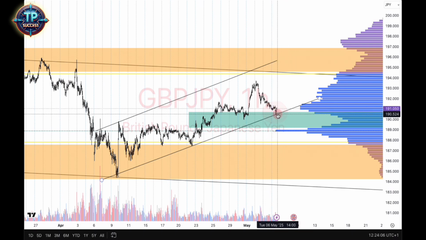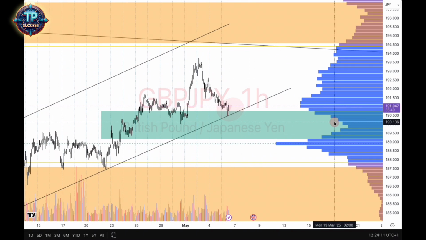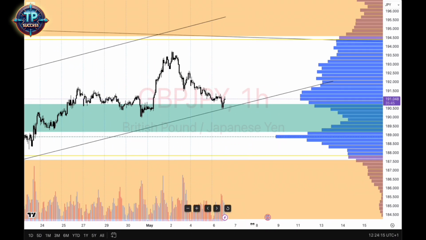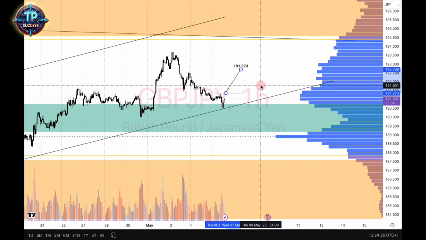if I was going to trade GBPJPY, I'd be looking for buys right now. I possibly would be thinking about taking a buy position once we have a clear close above this level right here, which will be 191.373.